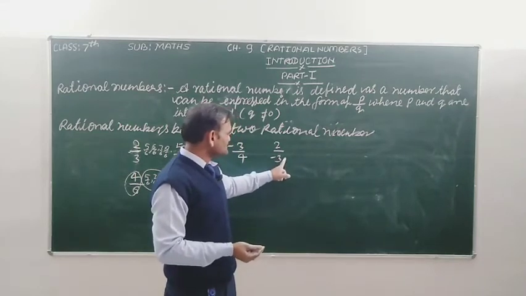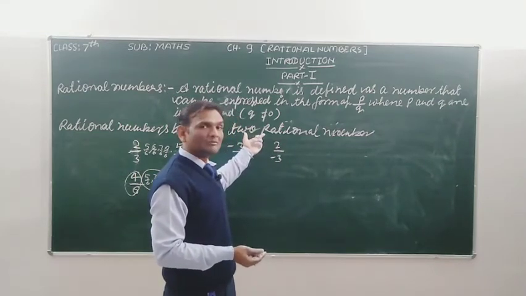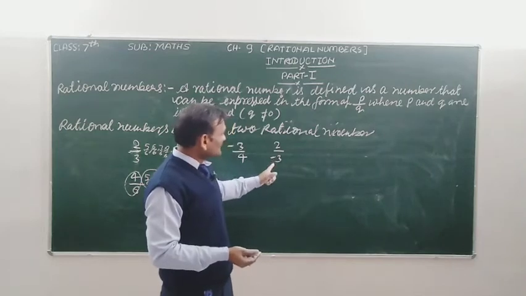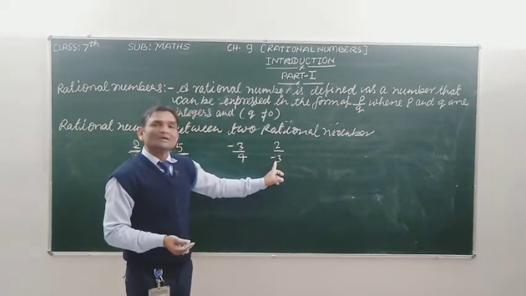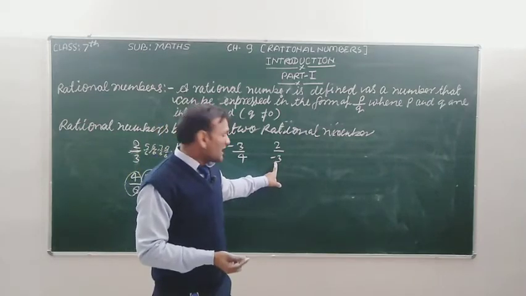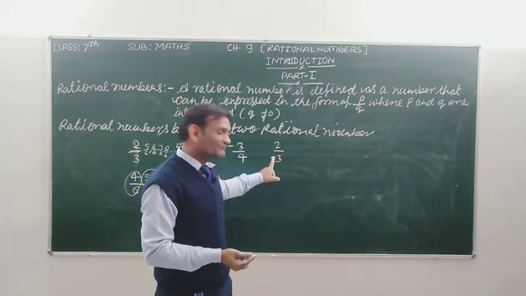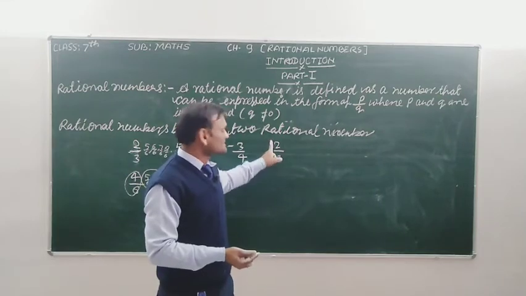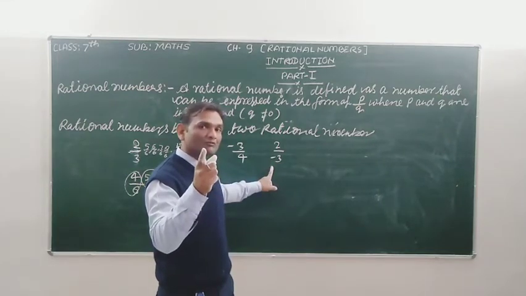No. Because the definition of the standard form of a rational number is that the denominator should be positive, and numerator and denominator have no common factor other than 1.